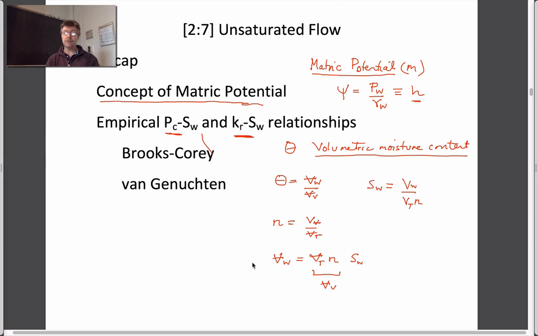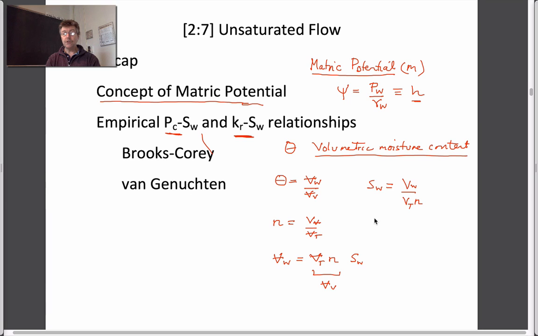Doesn't make sense. What have I done wrong? Saturation of water is equal to the volume of water, total. Oh yeah. Volume of total divided by the volume. What else do I need to do?